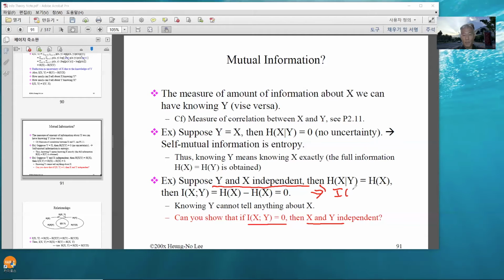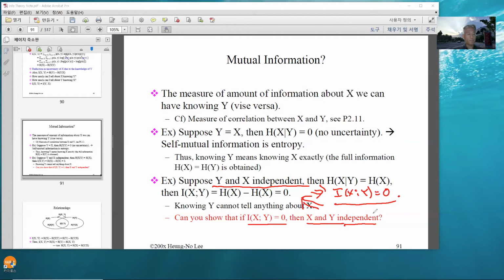Going this way, we have done that. Now I want to go the other way around. If mutual information is 0, then X and Y must be independent. That's what I want to show.